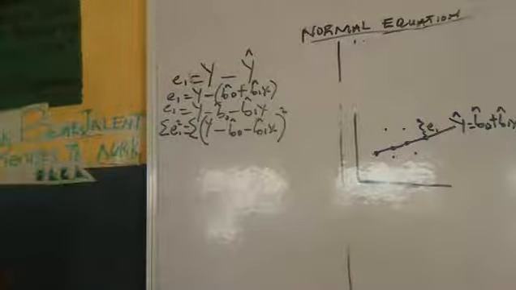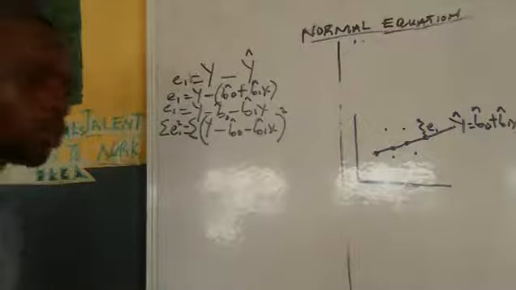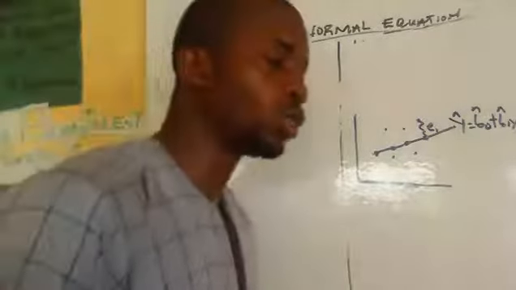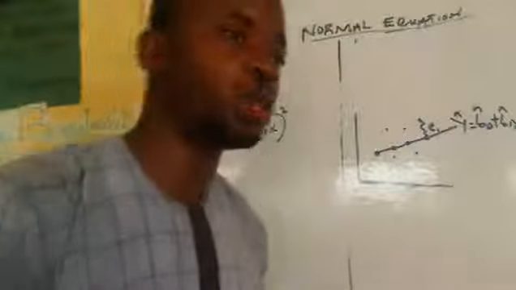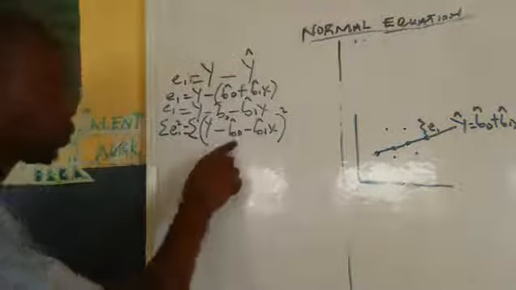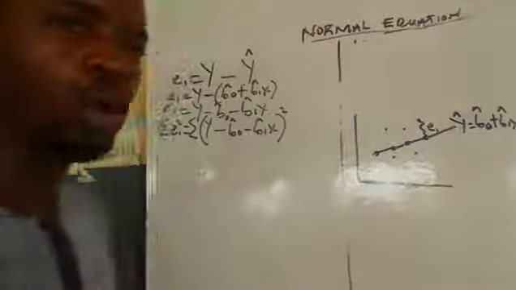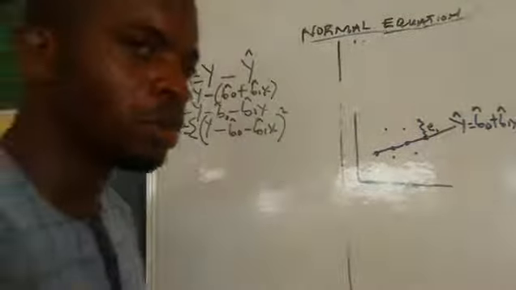Having done this, what you just have to do is minimize. When you want to minimize, that is calculus: we need to differentiate that function with respect to any of the parameters. We will take b naught first. If you don't know how to do differentiation, please go back to our video or consult some materials on differentiation. Here we are going to use function of a function because of the power we have here.